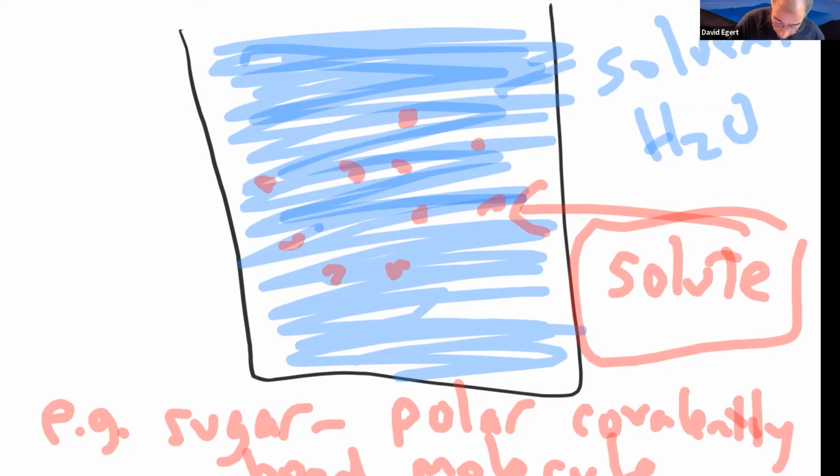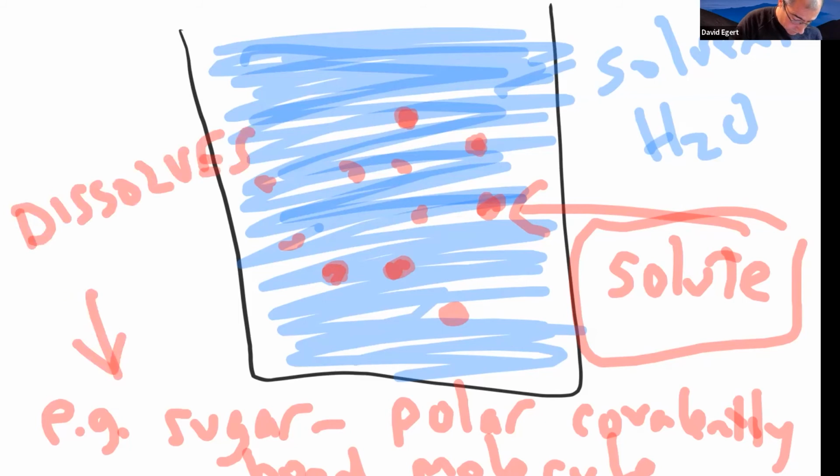What's going to happen if you put a polar molecule in a polar solvent like this? It'll dissolve. Why is it going to dissolve? Because it's soluble in water, hydrophilic. Say it again.